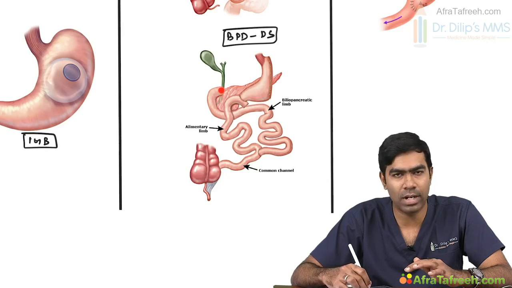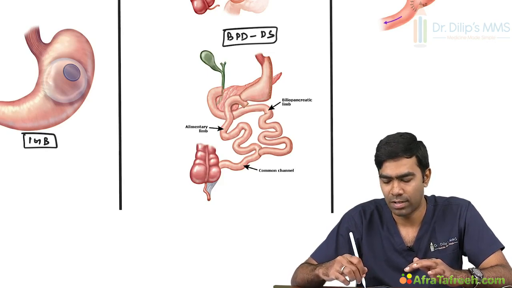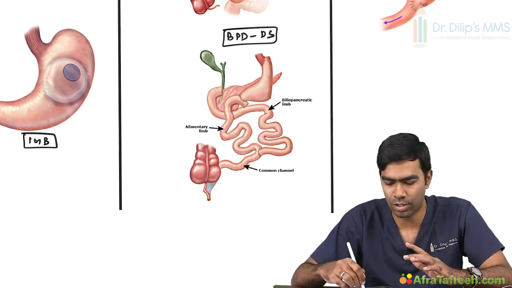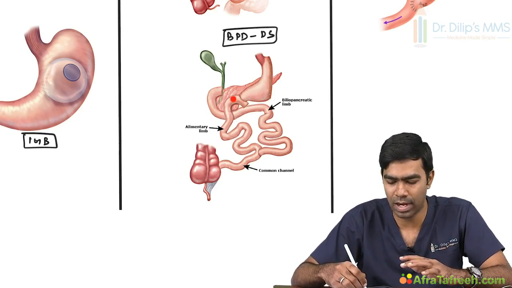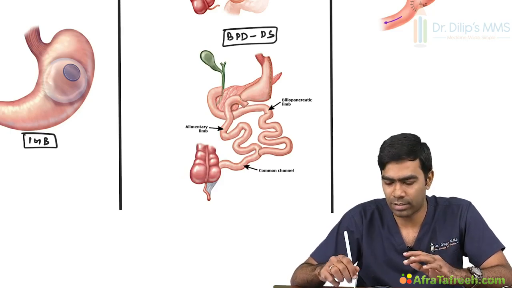And this duodenum that is resected, along with the jejunum, will be isolated, and the ileum also will be resected at the distal part of the jejunum. Usually the point at which the ileum is resected will be approximately 50 to 100 centimeters proximal to the ileocecal junction. The resected ileal segment will be anastomosed to the stomach pouch with the help of a side anastomosis.